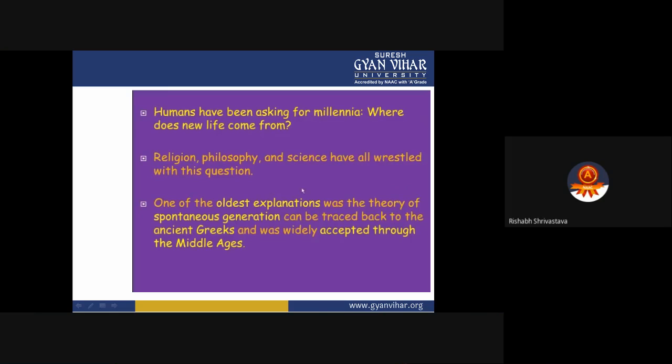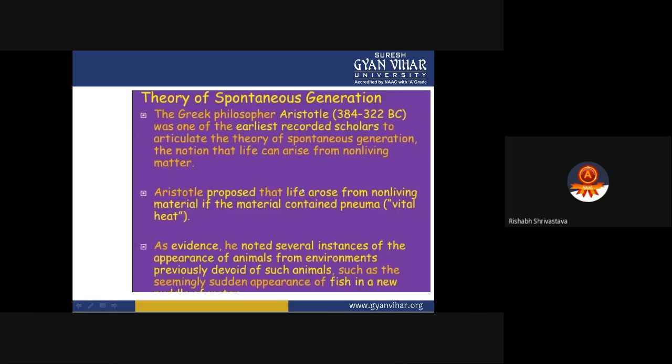One of the oldest explanations was the theory of spontaneous generation, that life can come out of non-living things. You can trace this concept back to ancient Greece, and throughout the Middle Ages it was pretty much accepted. So, what is this theory of spontaneous generation?